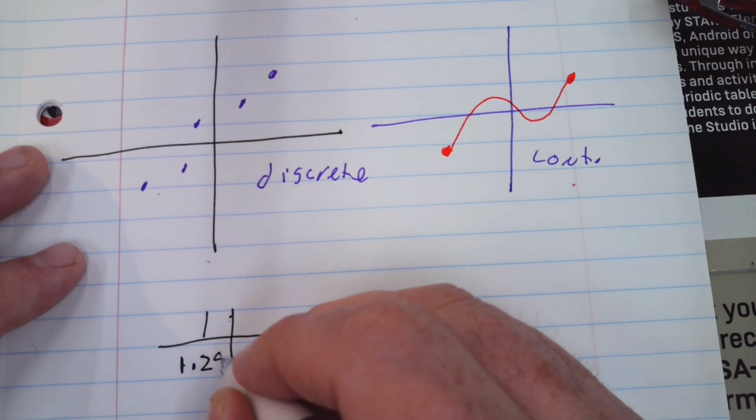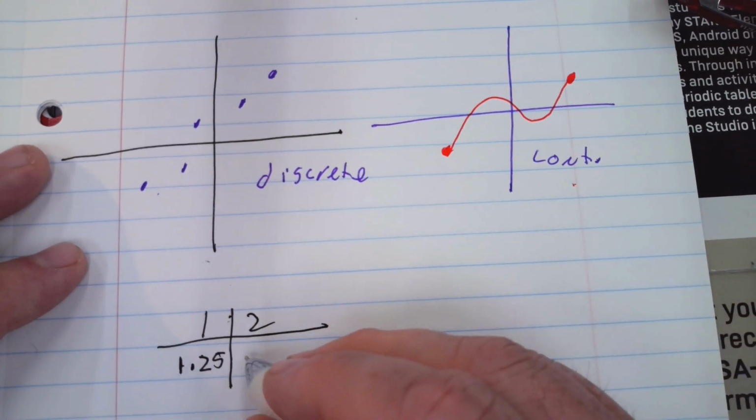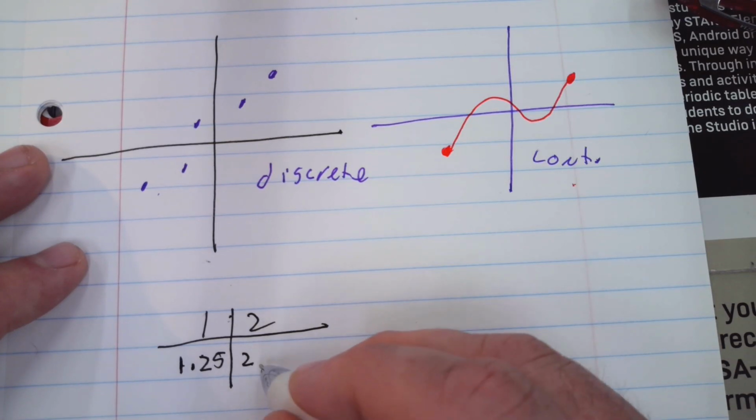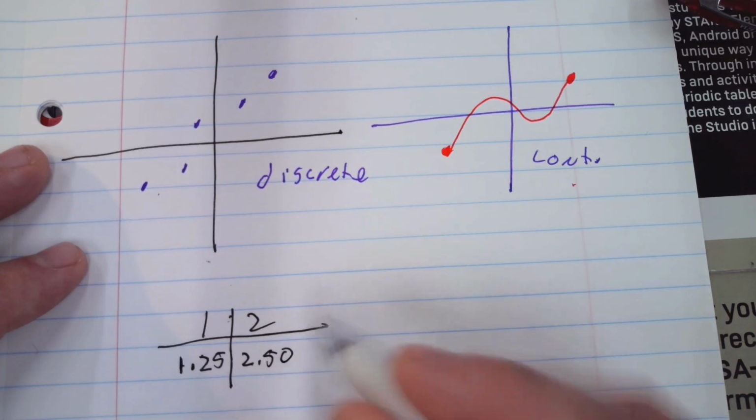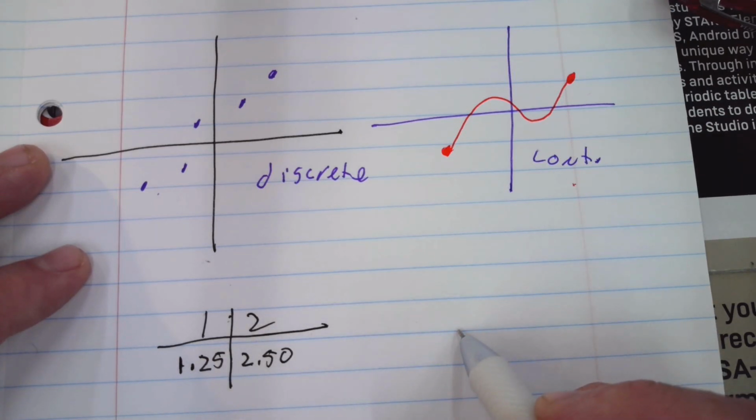It's $1.25 for a can of Coke. How much for 2 cans of Coke? $2.50. What if I have $2? Can I get 1.5 cans of Coke? So this would be discrete. You have to either get 1 can or 2 cans or 3 cans or 4 cans or 5 cans or 6 cans, right? That's how that works.